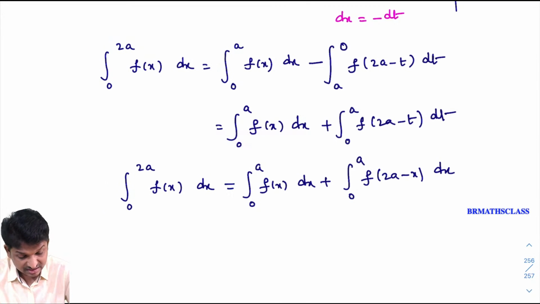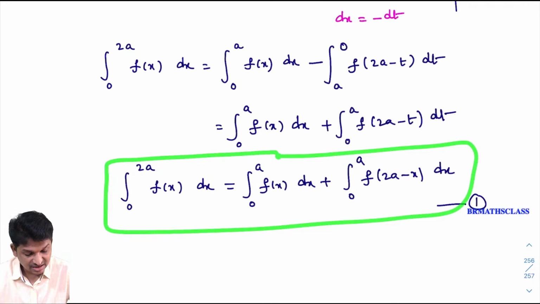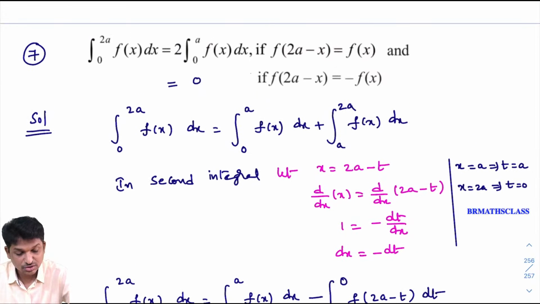So this is the main thing to proceed further. The integral of 0 to 2a f of x dx equals the integral of 0 to a f of x dx plus the integral of 0 to a f of 2a minus x dx. This is also one of the properties. We can use it as a formula also. I hope you are understanding, right? You take it as one. Further, how to do this problem? Okay, so here you see two cases are there actually in the question.